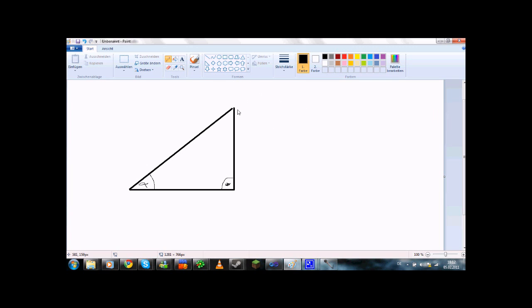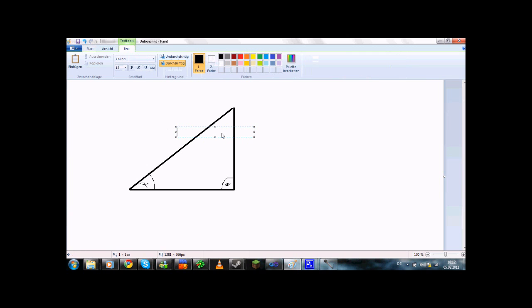But as you should know from school, if we have three components of a triangle and not all of them are angles, we can know everything about the triangle. So if now I know my hypotenuse, which is this side, I will just write h.